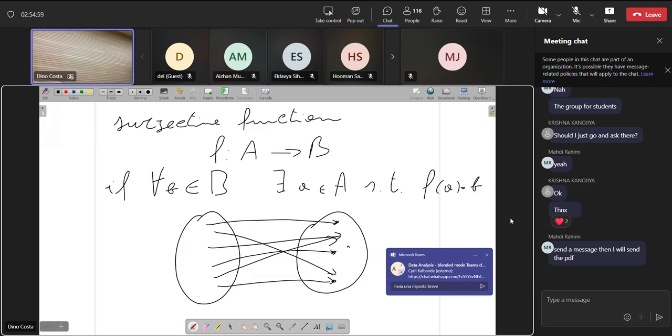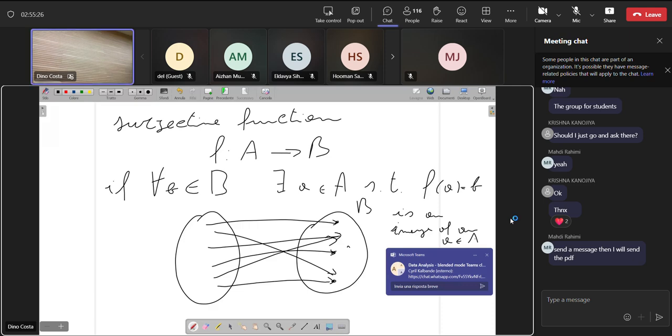So every element in B, so to say, is an image of an A. There exists an element here in A, so that B is its image.